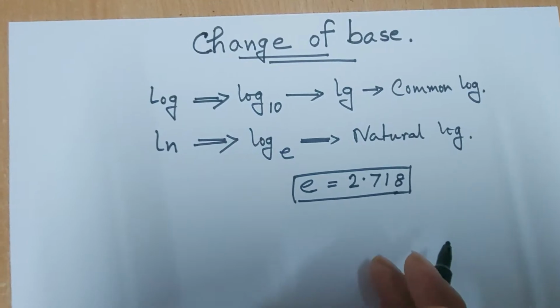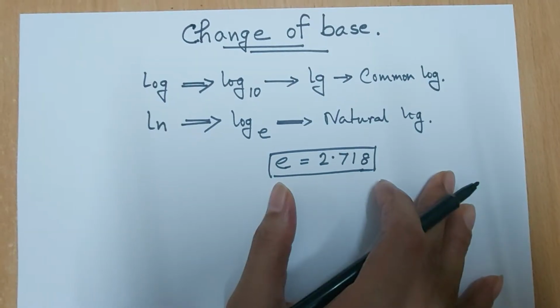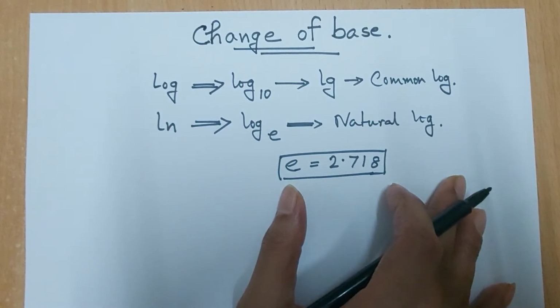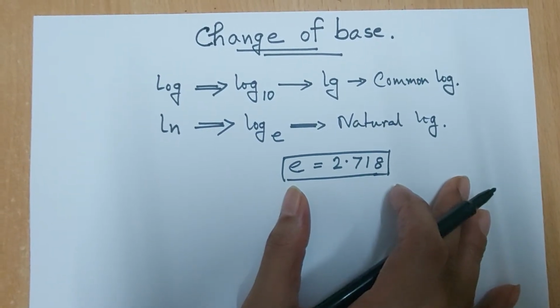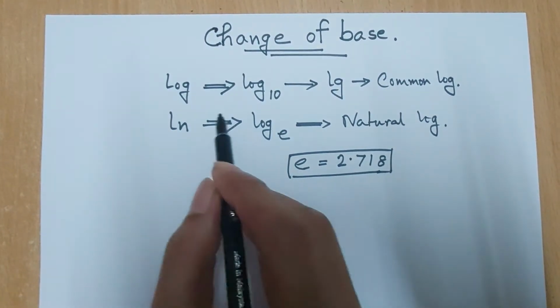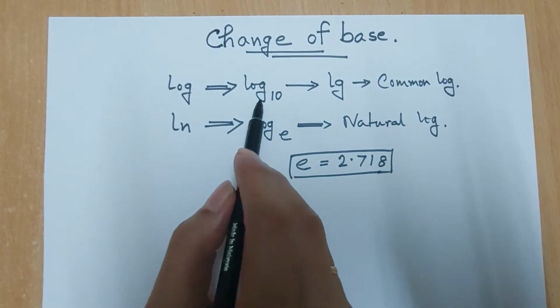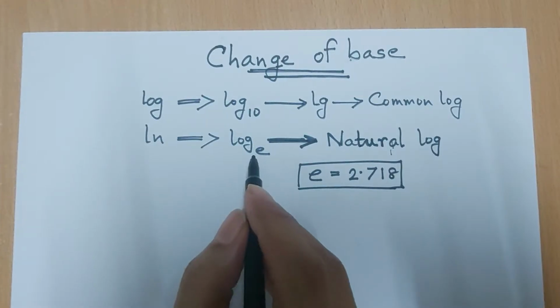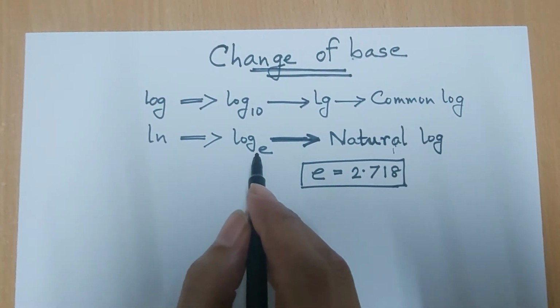Let's focus on the base changing formula now. In logarithms, the change of base formula is used when we use the calculator to find the value. Generally, the calculator has two buttons: one is log, which implies log base 10, and another is ln, which implies log base e. These are the most commonly used bases.